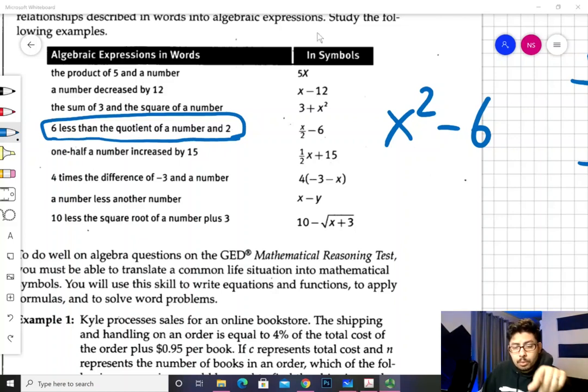Please just get familiar with these. You might get a couple confusing ones, such as a number less than another number. When you're given another number, you just use a different letter for it. Because remember, it doesn't technically really matter. You could put anything for those, but in math they like to use X, Y, Z, A, B, C.